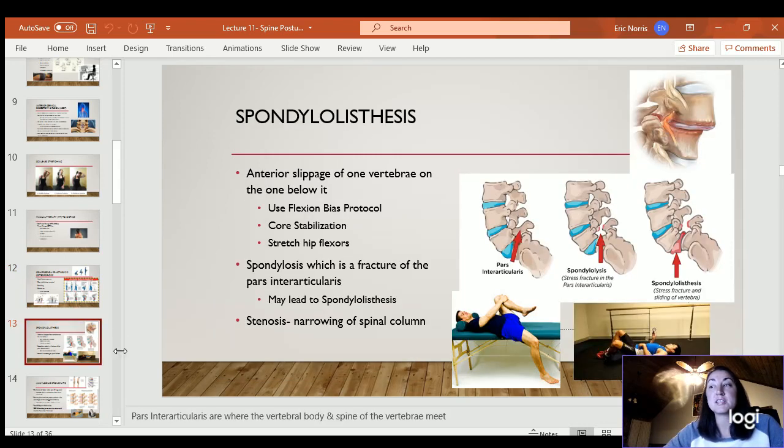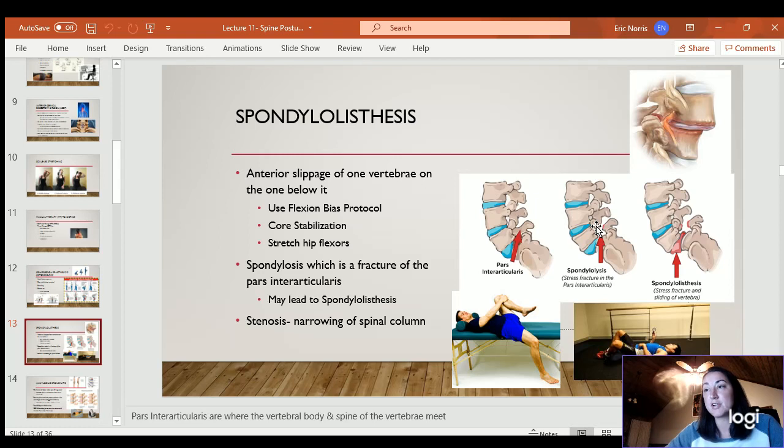With spondylolisthesis, that is an anterior slippage of one vertebra on the one below it. So spondylolisthesis, the vertebra has slipped forward. Typically, it's associated also with spondylosis, because in spondylosis the pars interarticularis, or the portion that connects the vertebra to the remaining parts of the spinal column, so the area where the body connects basically to the spinous process, breaks.